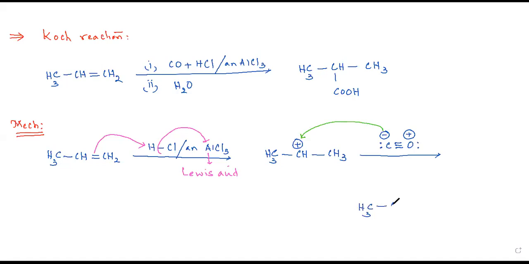CH3, CH, of course, the C triple bond O. But this oxygen has still got the positive charge, right? Now, this is when we add the second thing, that is water molecule.